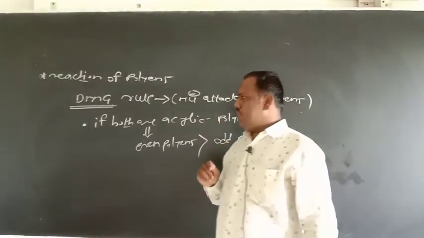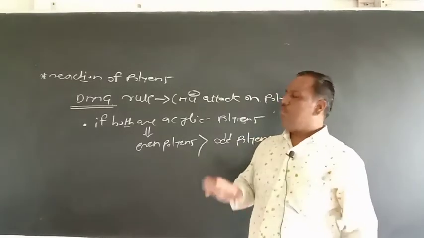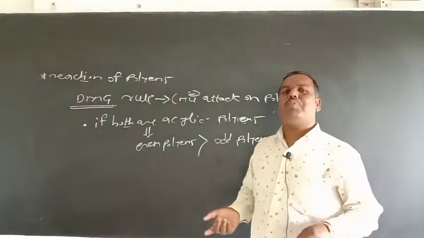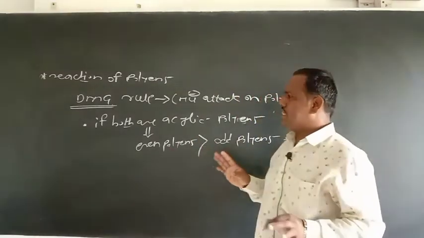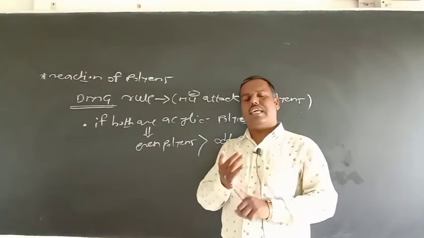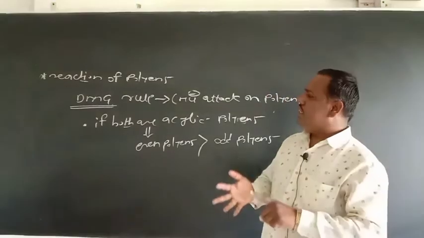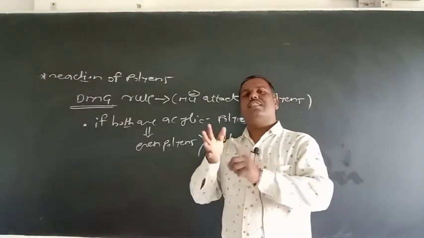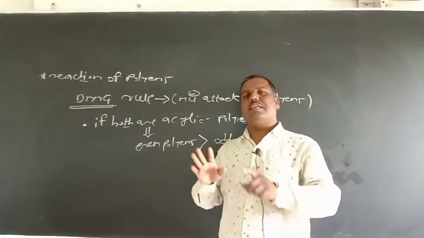Again the third rule is that if both are acyclic polyenes, again even polyenes are preferred over odd polyenes. So if both are cyclic, even cyclics are preferred for nucleophilic attack than odd cyclics. Then if one is cyclic, another is acyclic, then acyclic is preferred for nucleophilic attack as compared to cyclic.